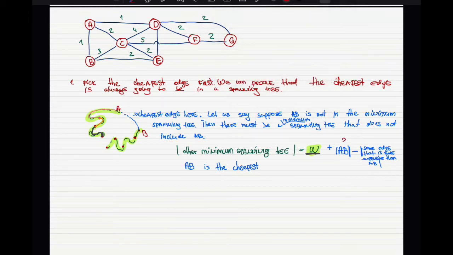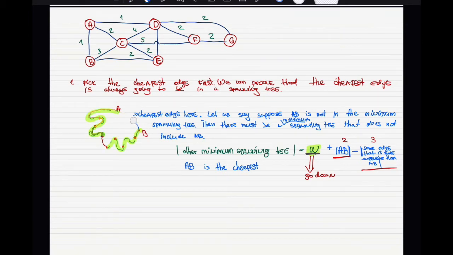So for example, if AB costs 2, some edge that is more expensive than AB has to be at least 2 or more, so maybe it's 3. So by adding AB and removing some other edge, the cost will always go down. Okay? Because we removed some other edge that was in the minimum spanning tree before and replaced it with AB. But AB is cheaper than that edge that we removed, so AB must be in the minimum spanning tree.